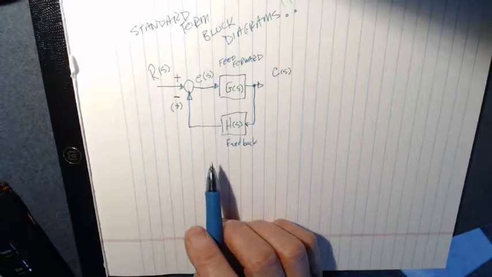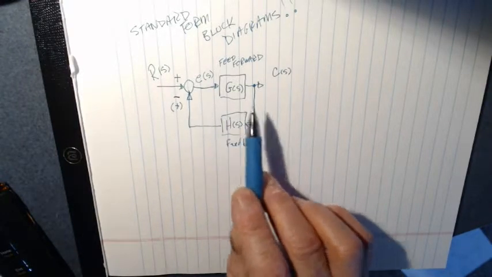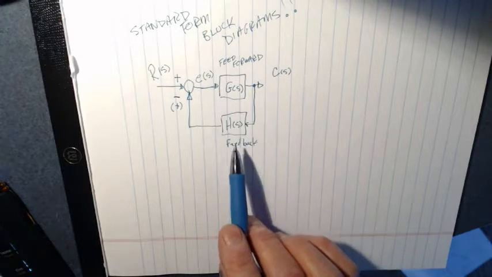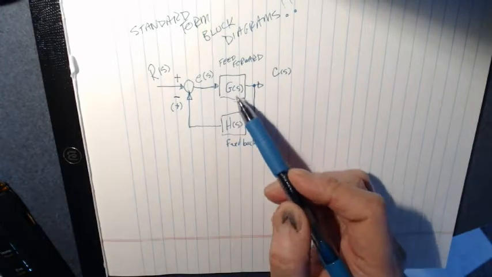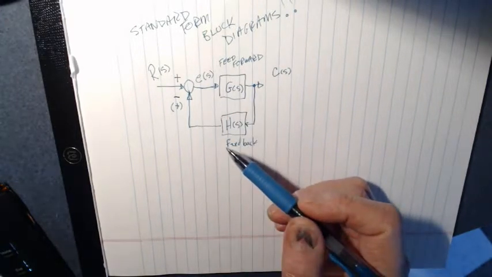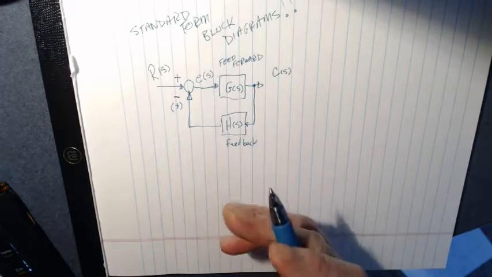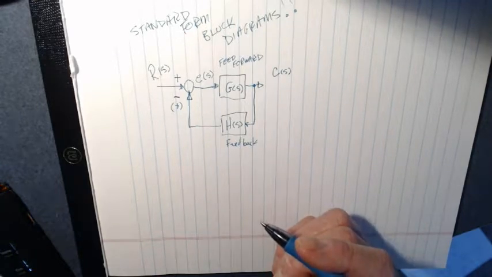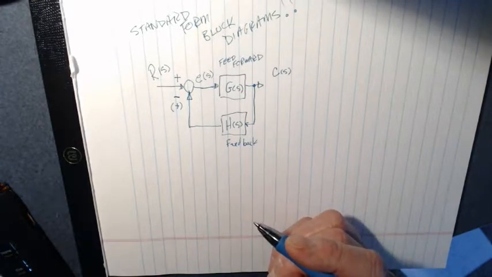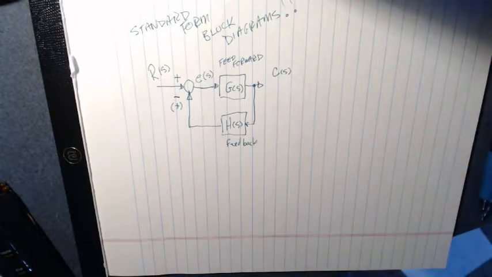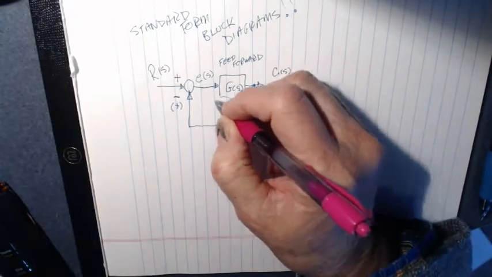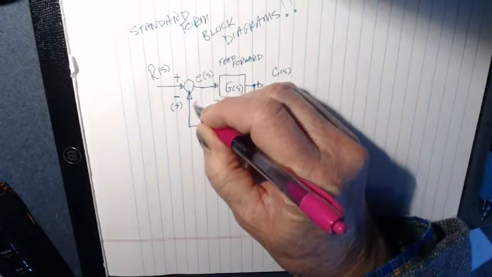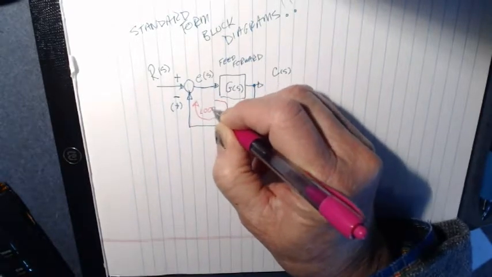One of the things about it is that when block diagrams have a lot of blocks, that's not what you want. You want to boil this down to just a single block, a single transfer function. And what we see here is that there is a loop. Loops are going to get you all excited. Hey, it's a loop!